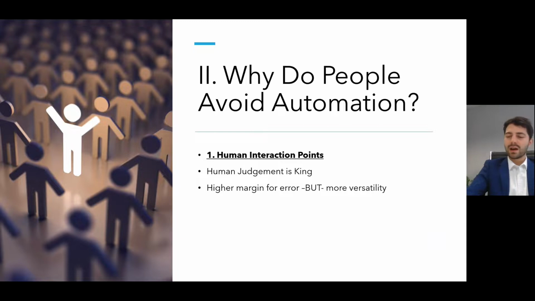Something comes a bit left field, they can sort it out. Whereas a lot of people think that a machine can't really do that, and a software isn't capable of that kind of reasoning and that kind of flexibility. So that is absolutely understandable as a point. You do need to have your human interaction points.